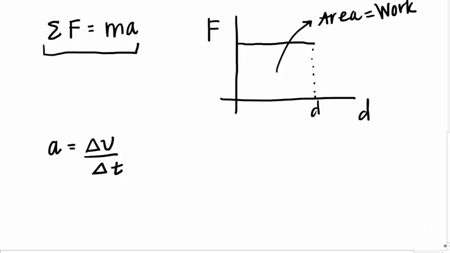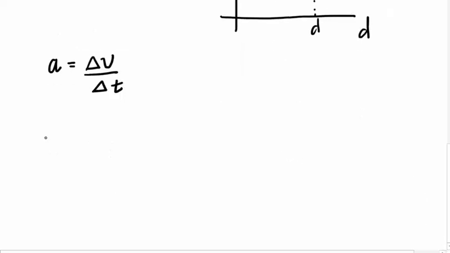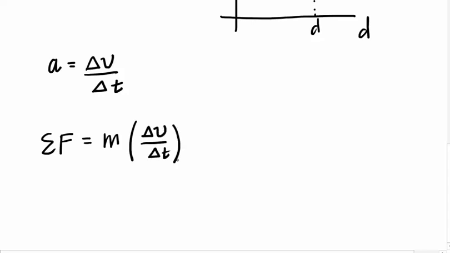So, what if I made a substitution and said, all right, well, the net force then must be equal to m times delta v over delta t. And maybe the net force is a force that's acting on an object.